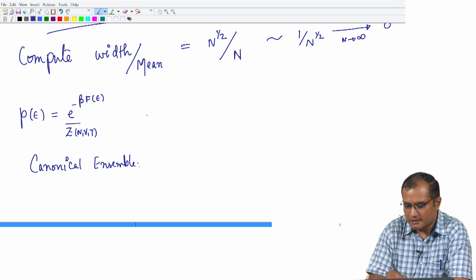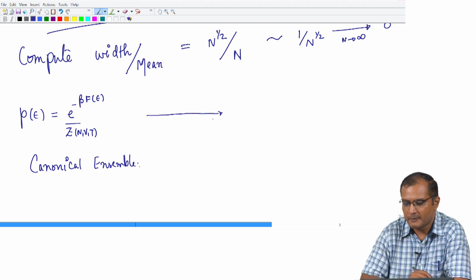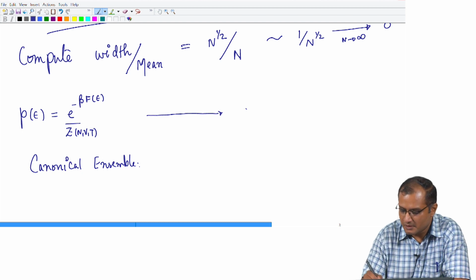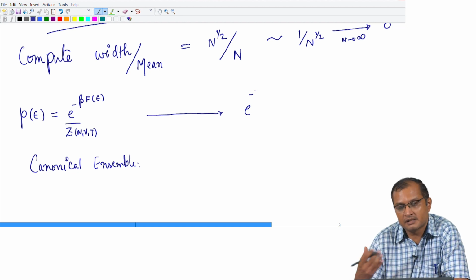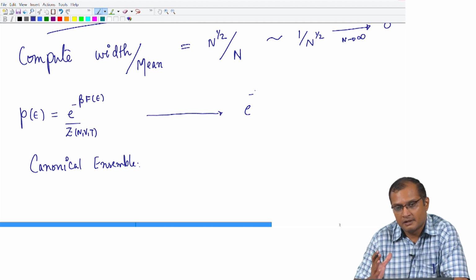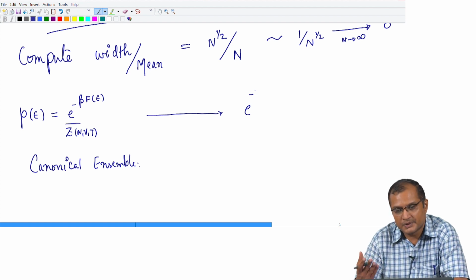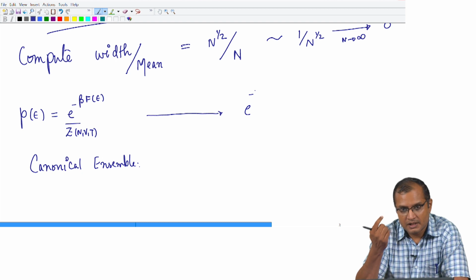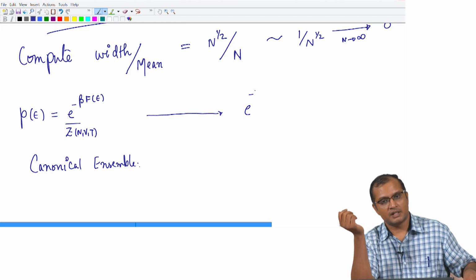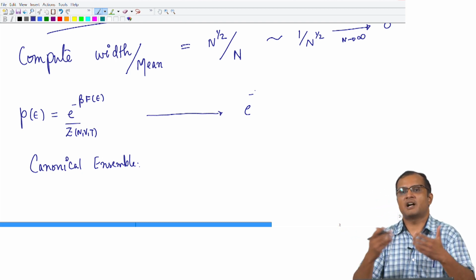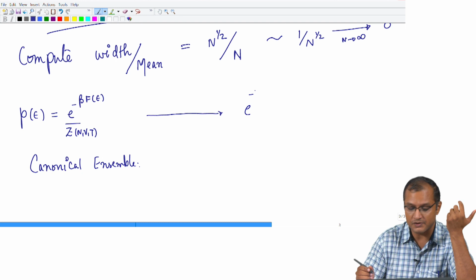In the large N limit, it becomes a Gaussian distribution. It becomes a Gaussian distribution because energy is a random variable and it is a sum of energies of each particle, which itself is a random number. So, your sum of a large number of random numbers gives you one value of energy, and energy itself is a random variable. So, by the central limit theorem, these random variables, which are themselves a sum of a large number of random variables, should be normally distributed.